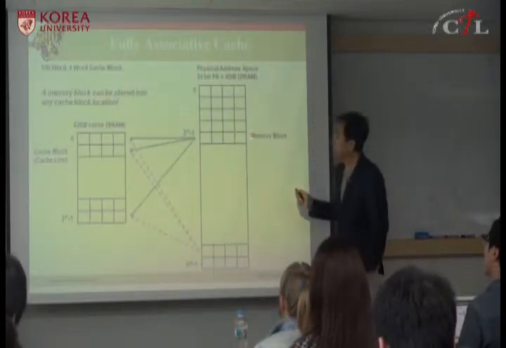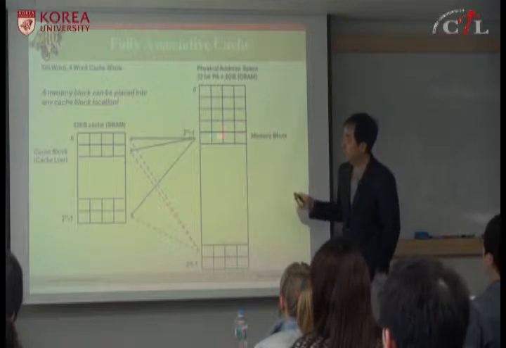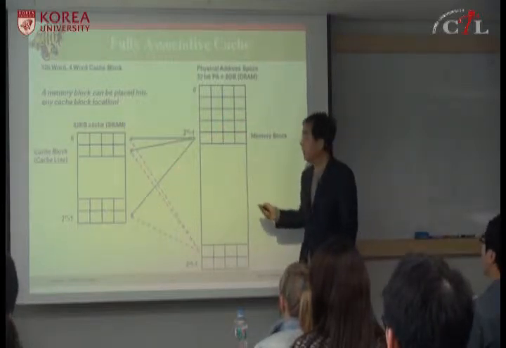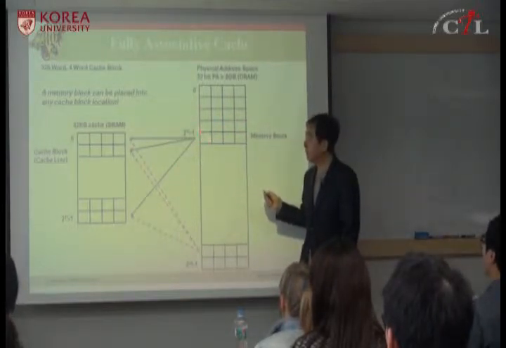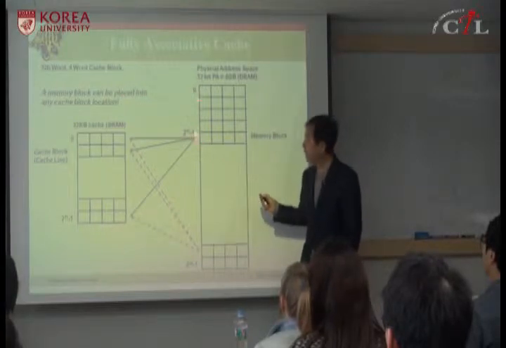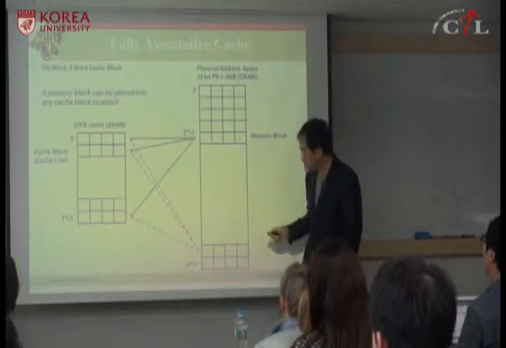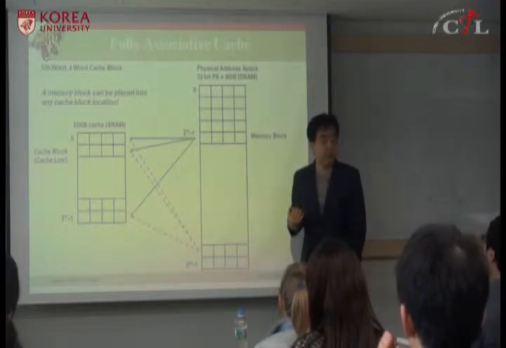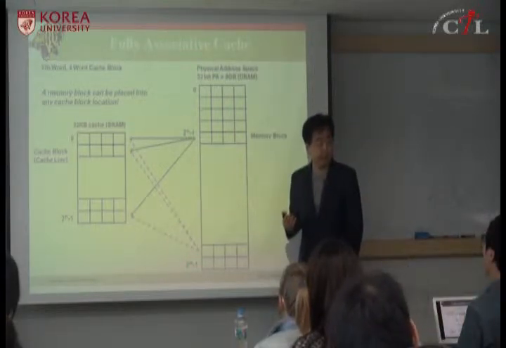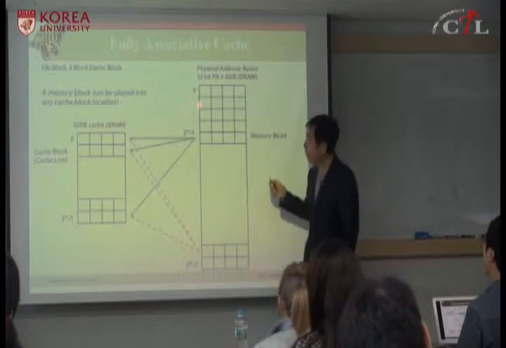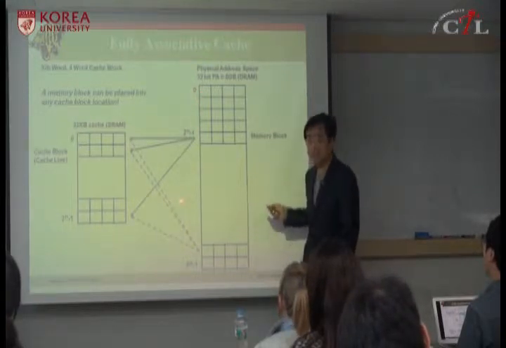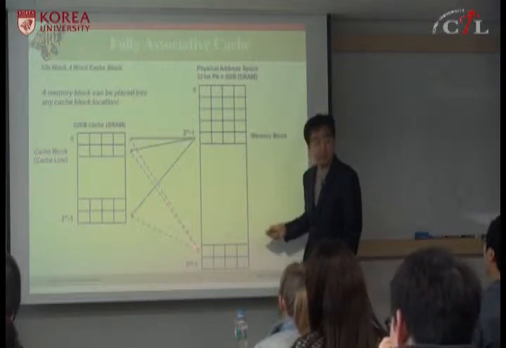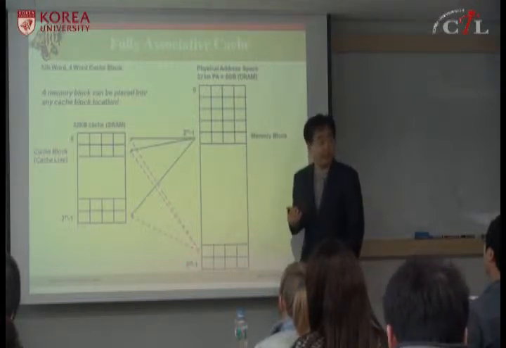Because whenever you move a memory block into the cache, you have to identify which memory address this block comes from. The range 0 to 2 to the power of 28 minus 1 gives you the block number, which memory block this came from. So to identify the memory block address, you need 28 bits. That is called the tag.